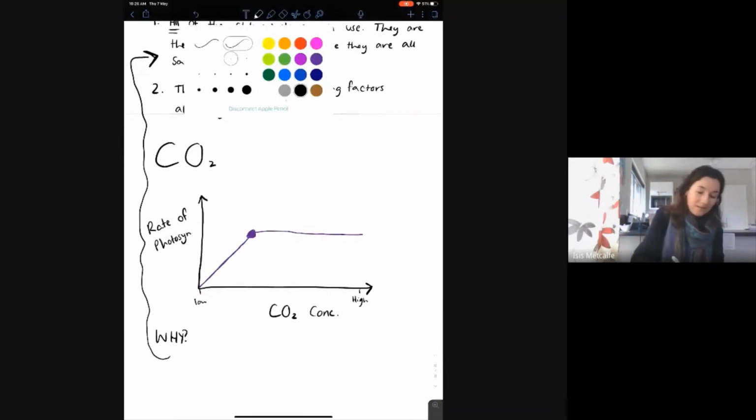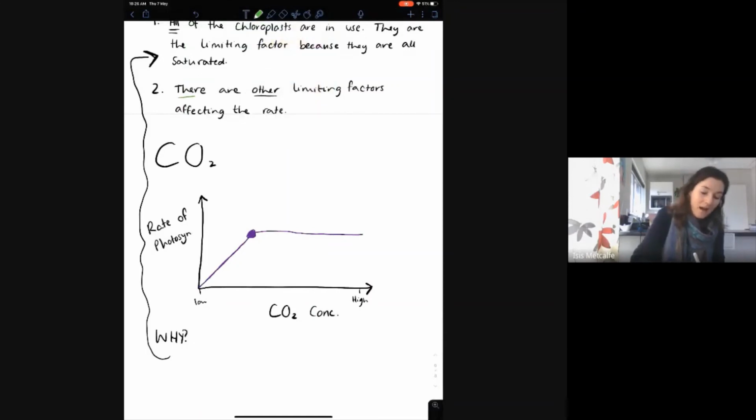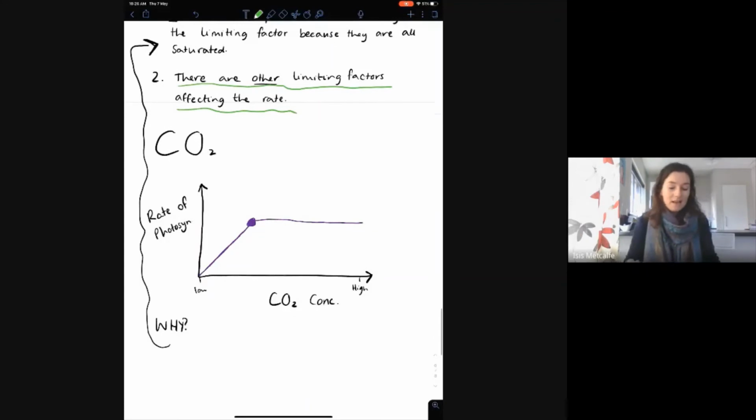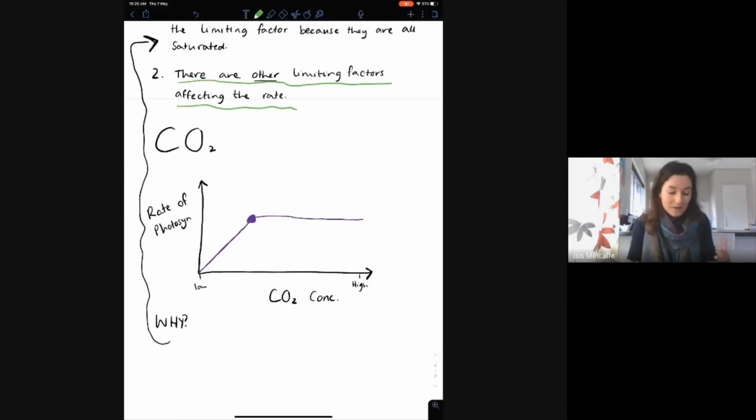And also this is very much the same. So there are other limiting factors affecting the rate. And so here with carbon dioxide, just say you've got your plants in a greenhouse that's closed off. You can keep pumping more and more carbon dioxide into that greenhouse, right? And you would expect the rate of photosynthesis to increase.